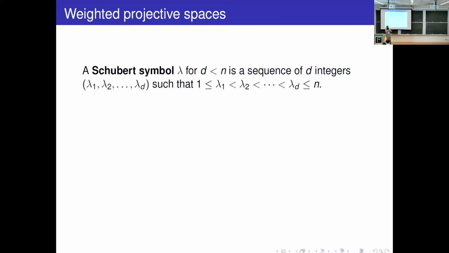If we consider the divisive weighted projective space, then we can give a nice cell structure. Kaushik and I did a similar thing using some technique, and we defined the divisive weighted Grassmann orbifold, where we can give the actual cell structure.